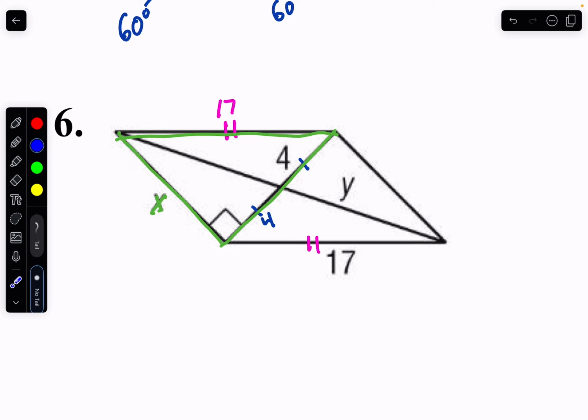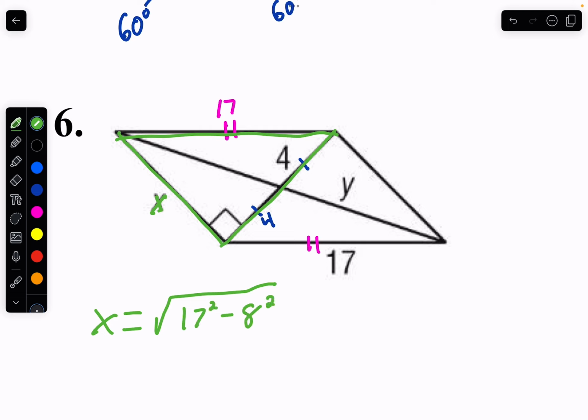Okay, so now we are going to apply lesson 8-2 to solve this. I'm going to say x, which happens to be the leg, is going to be the square root of the hypotenuse squared minus the leg squared.